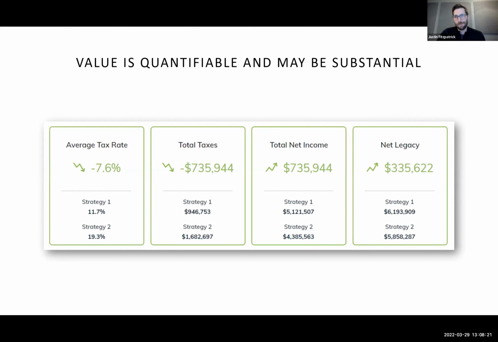It's quantifiable, and in this example, which is I think a household with about $3.2 million, kind of in the early 60s, for these folks, it could be substantial, right? We're talking about well over $500,000 in total tax savings over time, taking the effective rate from 19% down below 12%.